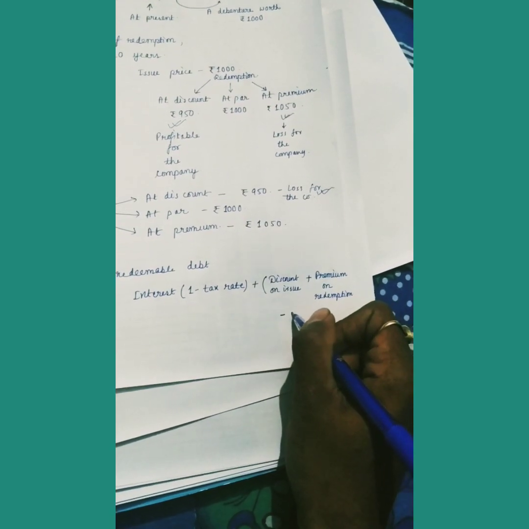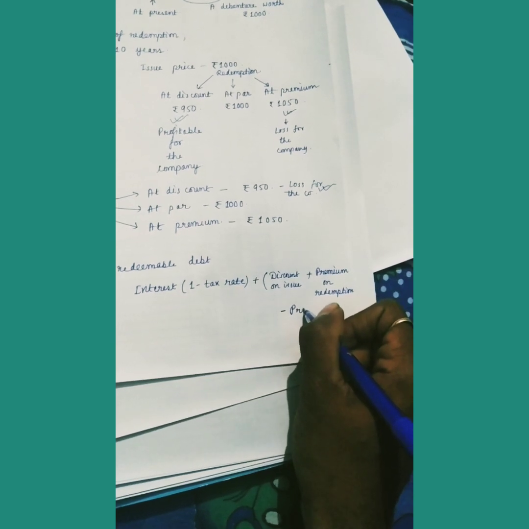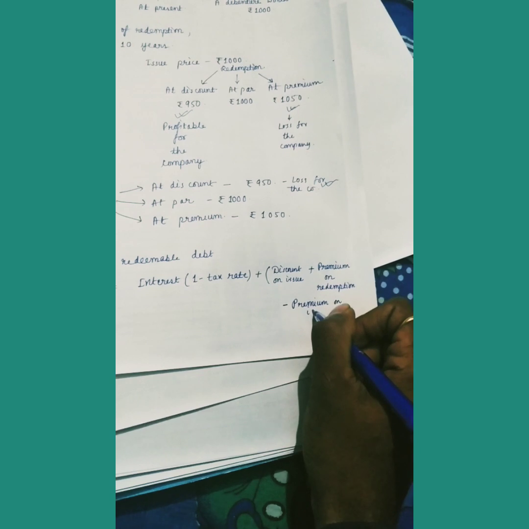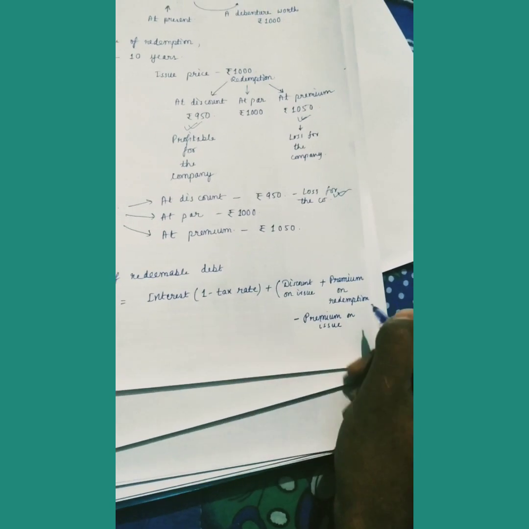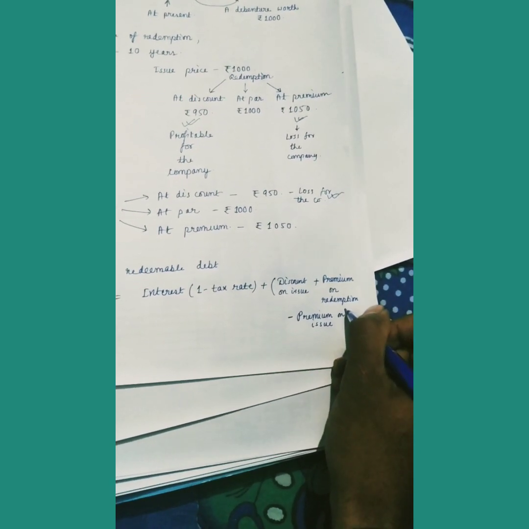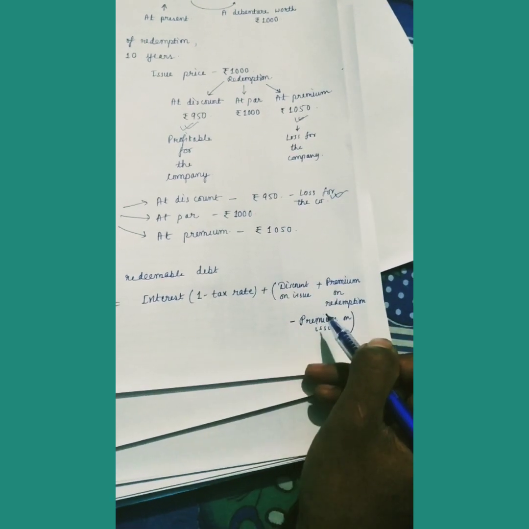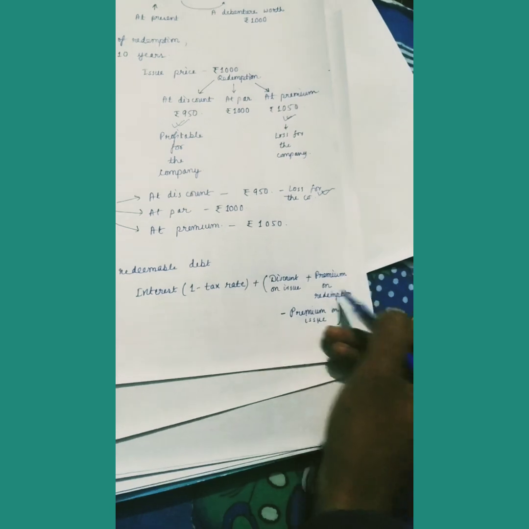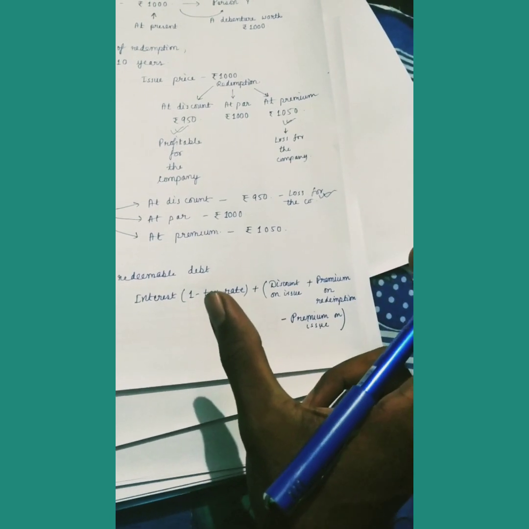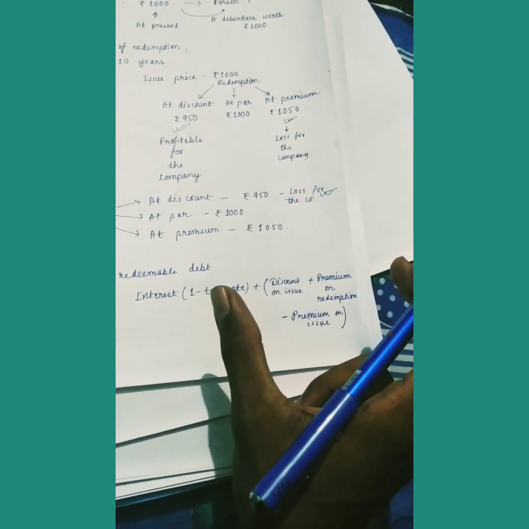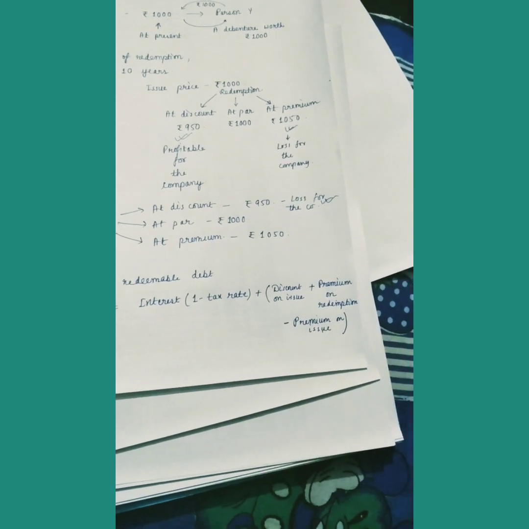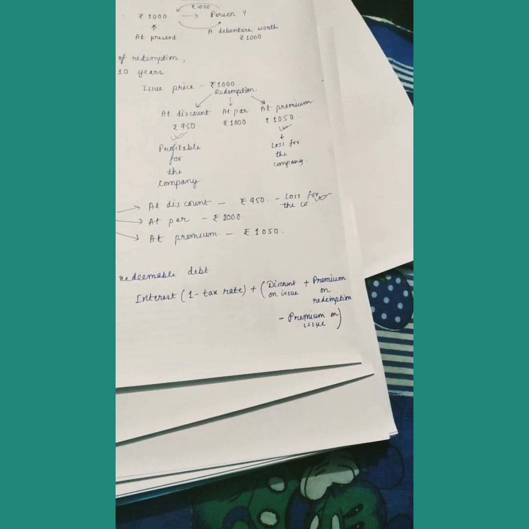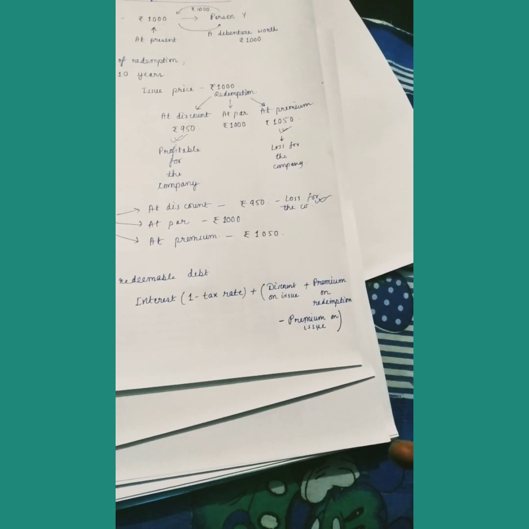So we have to subtract that premium on issue. And since the issue is done at present and redemption is done at the end of maturity, there is a time gap between these two cases. Suppose redemption is done after 10 years, so there is a time gap of 10 years and the cost will be equally divided among 10 years.